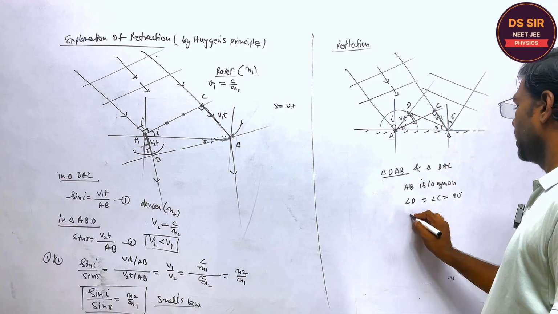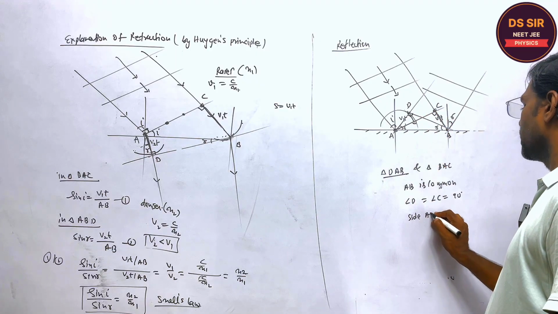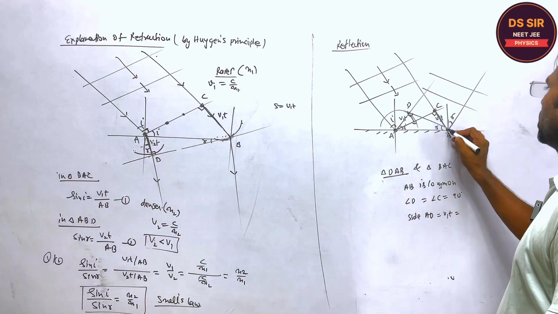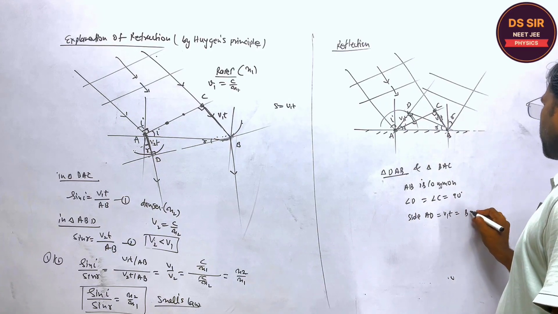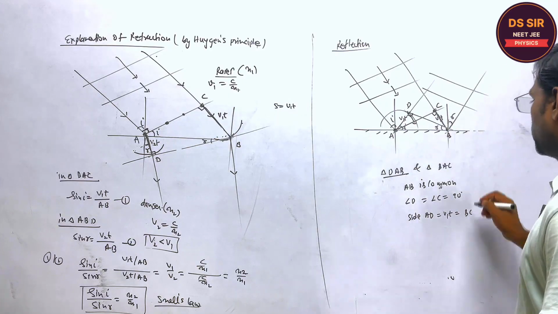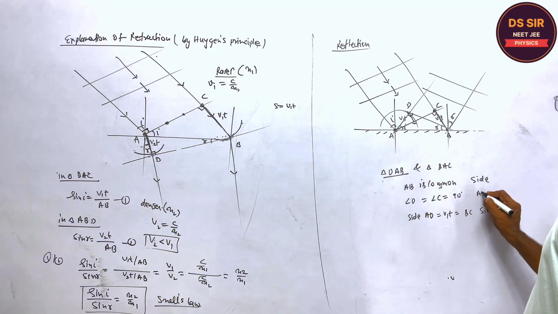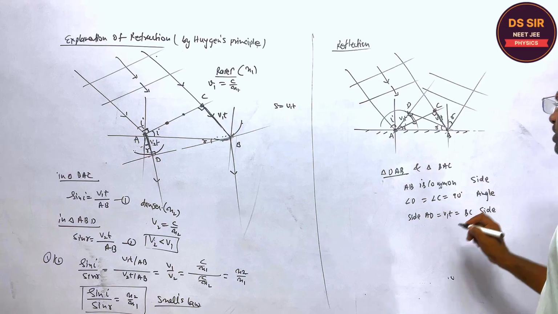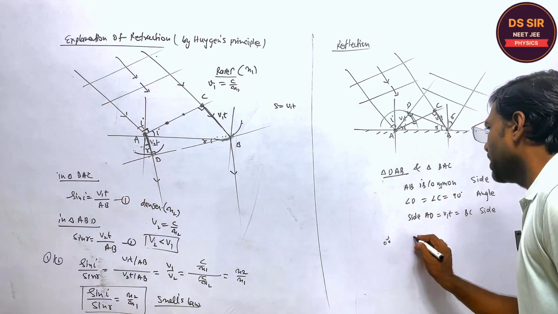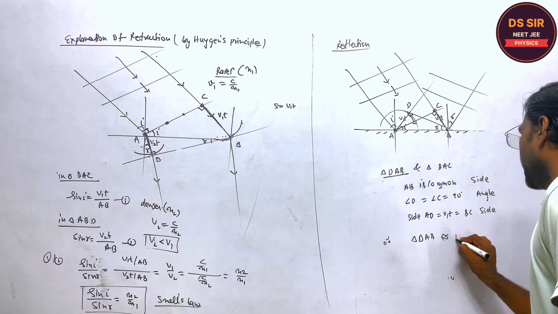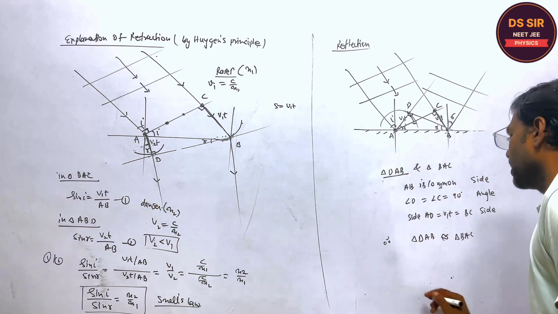And one another side, the side AD, is equal to V1 T, which is equal to the side BC. Is it clear or not? So the side is common and one angle is common. Therefore the triangles DAB and BAC are similar triangles.